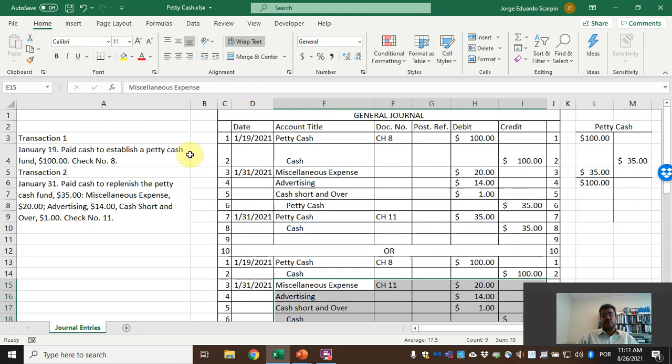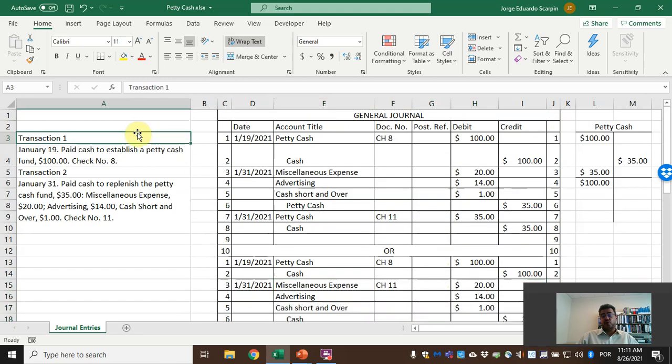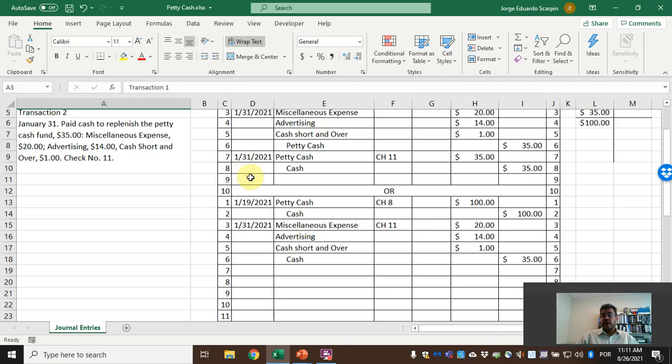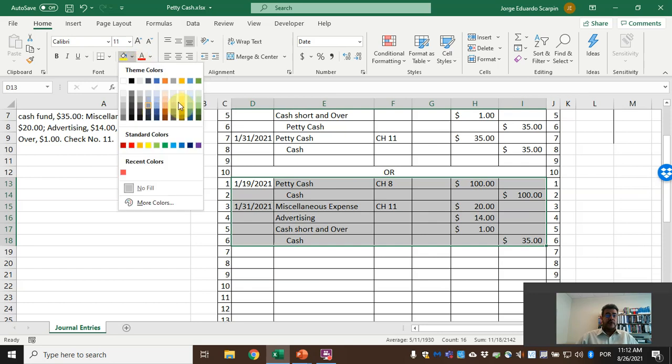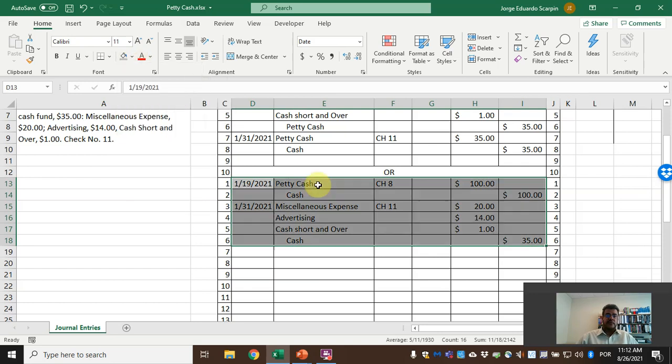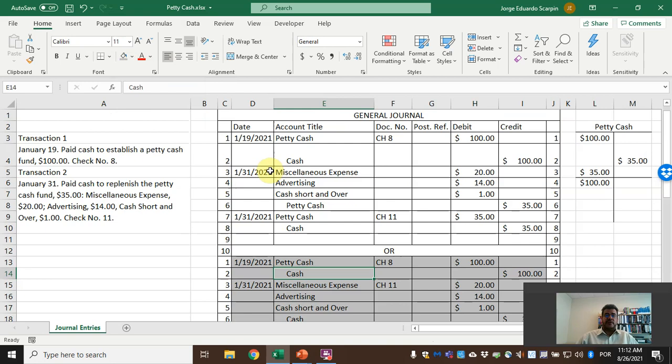That is completely up to you guys. Usually, our textbooks provide this second form here. This one is how we usually have it in our textbooks. But the first one is also used by some companies. So let me put this gray here. It is how probably your instructor will tell you to do it.